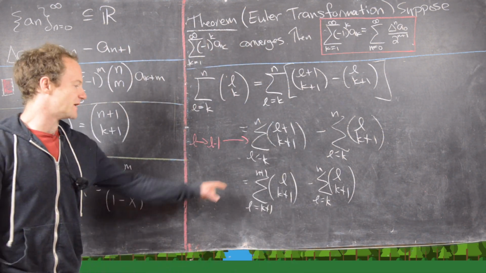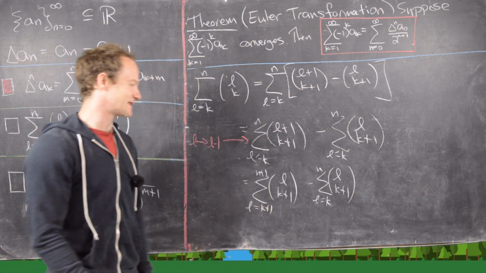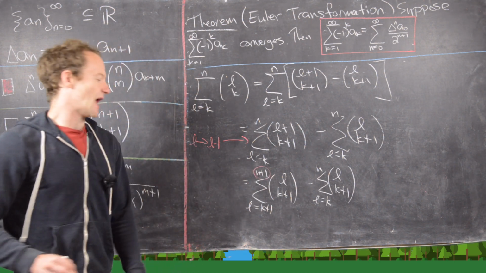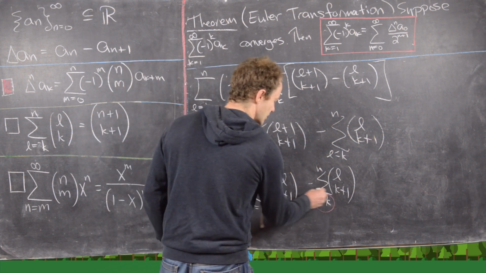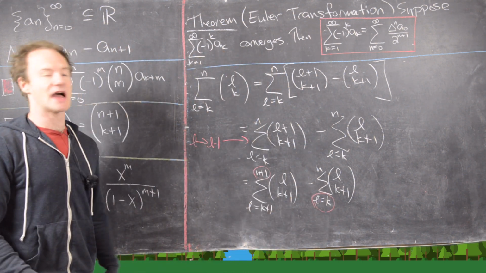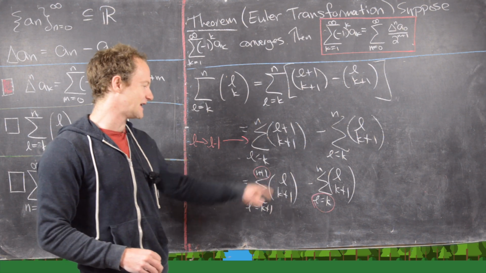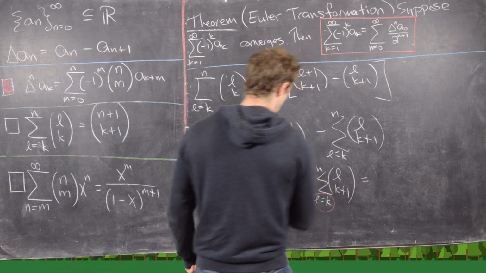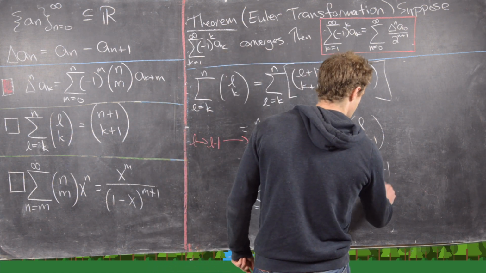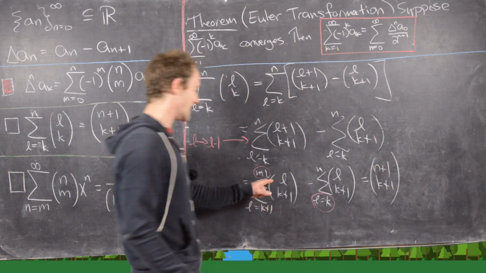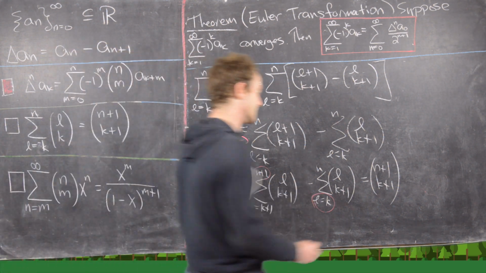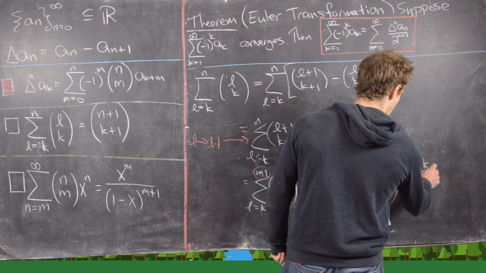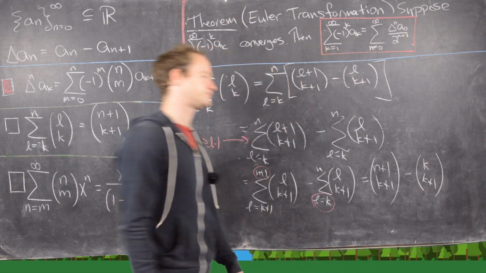All right. But now notice that these are exactly the same with one difference. This one ends at n plus 1 and this one starts at k. So everything else cancels except for the ending part of this sum and the starting part of this sum. So that means we can write this as n plus 1 choose k plus 1, that's the ending part of this sum, minus the starting term from this sum, which is k choose k plus 1.